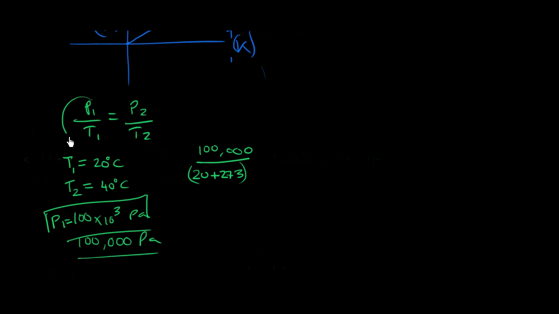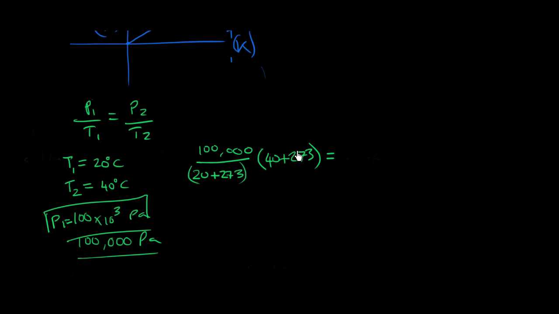So that would be this that I just worked out, and then we need to put this T2 on the other side of the equation so that we can leave the P2 alone. We do that by multiplying, because here it is at the bottom, it is dividing. So we multiply that whole fraction by T2, and T2 is 40, but again it's 40 plus 273.